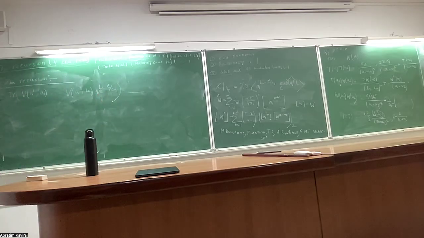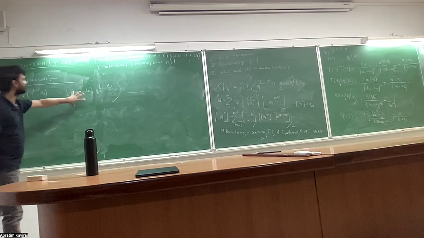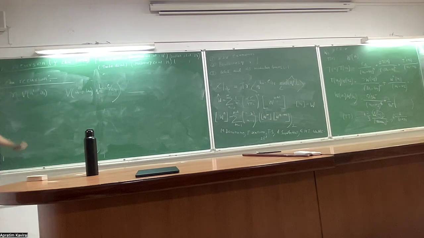So this is my n-point torus correlator. Here the A_i are the states and the V's are the vertex operators, since I'm writing in the vertex operator language.